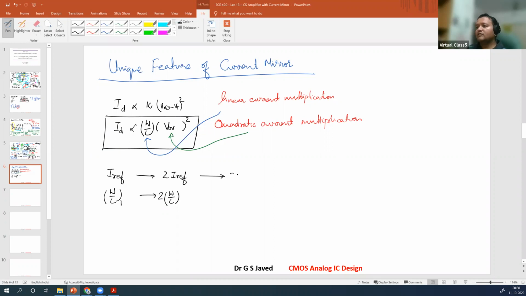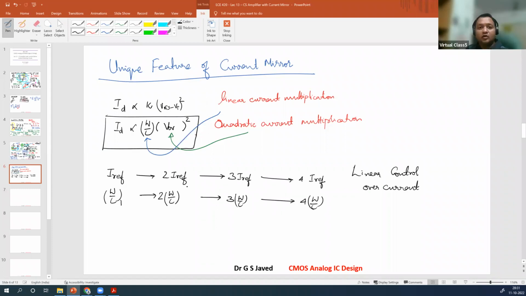You need 3 IREF, make it 3 times W by L. You need 4 IREF, you can get 4 W by L. So you will have a linear control over the current. Right? 1, 2, 3, 4, n, whatever fraction you want.